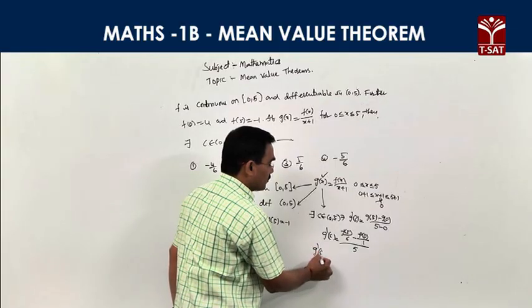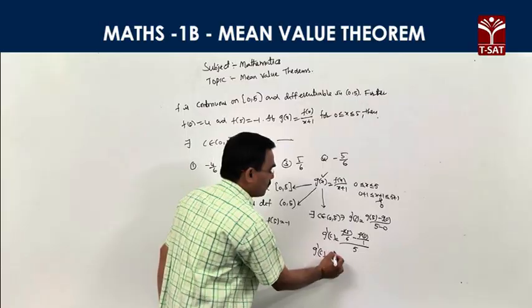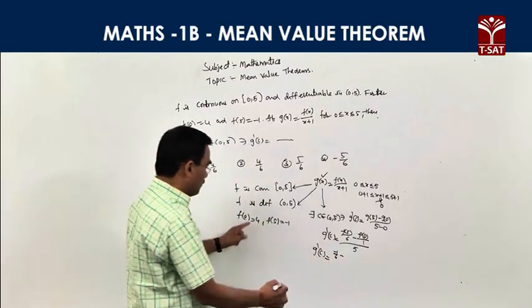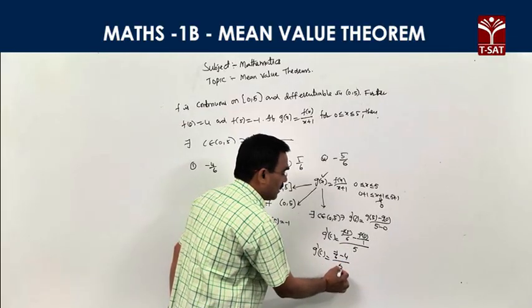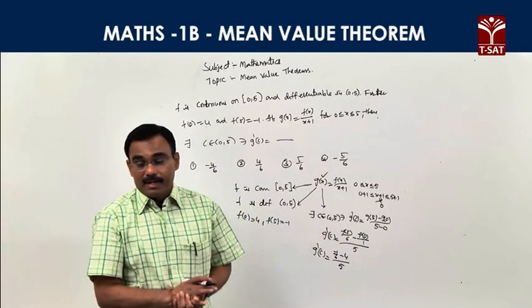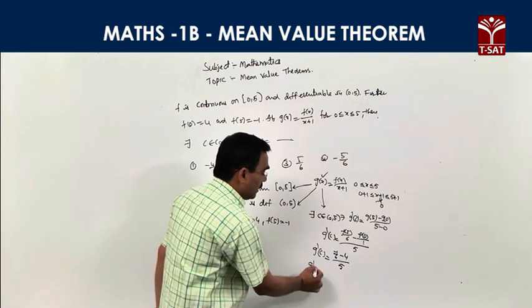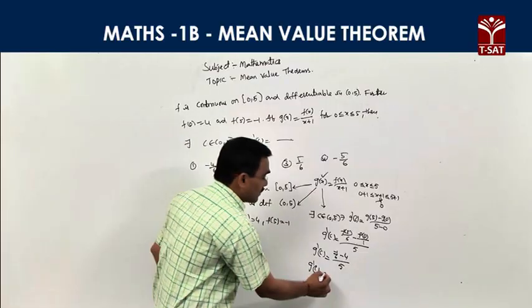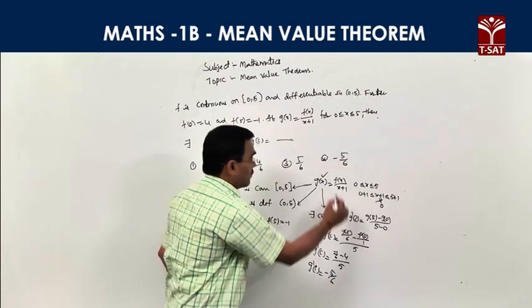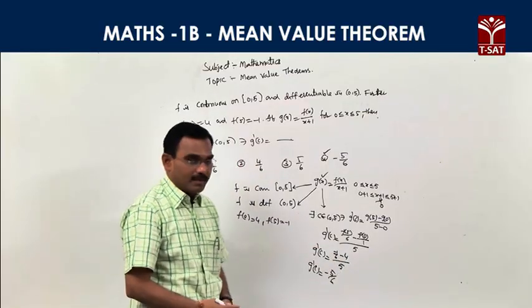So g dash c is equal to f of 5, which is given as minus 1, by 6, minus f of 0, which is 4, by 1, that is 4, all by 5. That is, minus 1 by 6 minus 4 by 5. Simplifying, we get g dash c equal to minus 5 by 6.